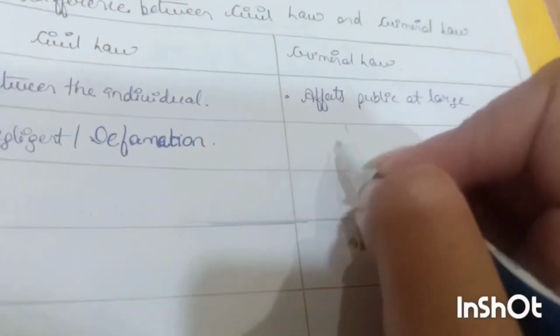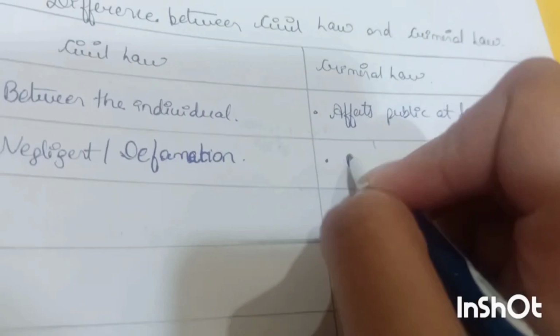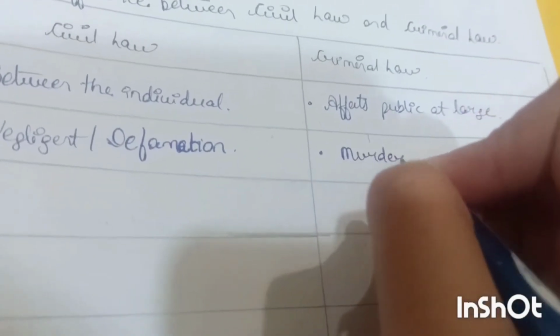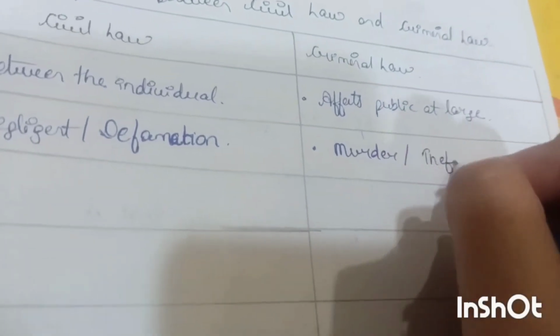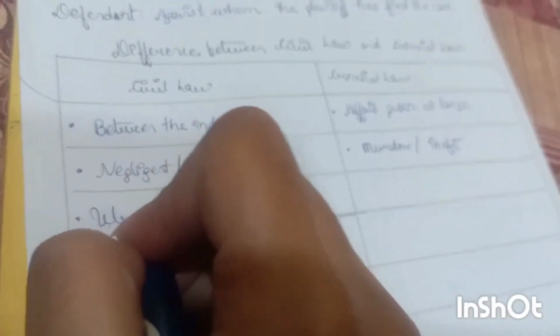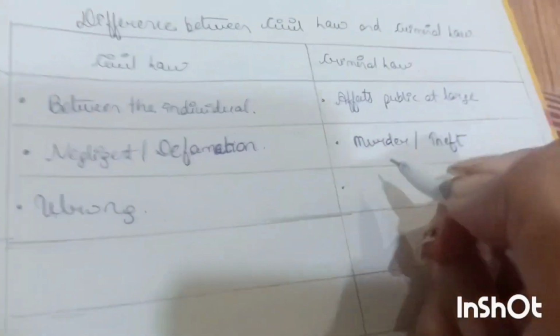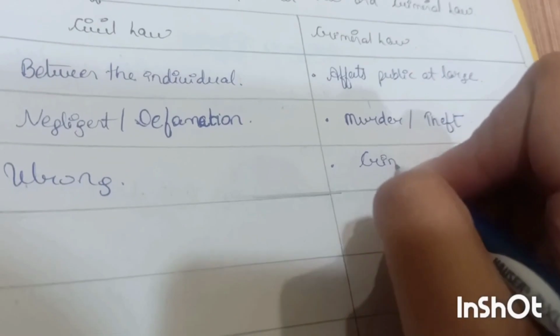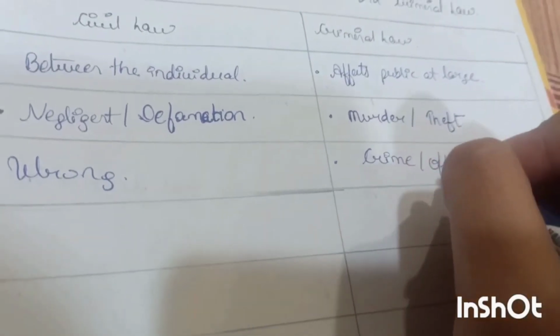And in criminal law, it's murder and theft. In civil law it is a wrong, and in criminal law it is a crime or an offense.